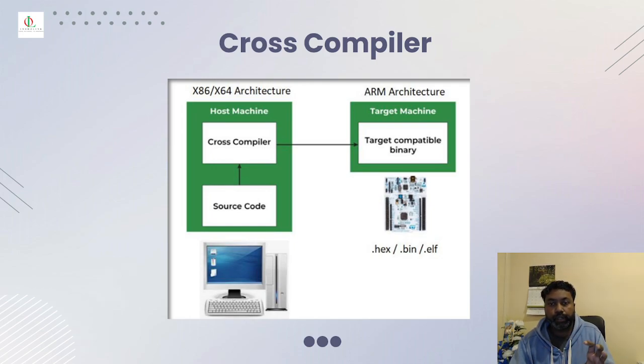So that's what it's called a cross compilation. So you're doing a compilation in one environment and moving to the target environment. So that is where the cross compilation process hits. And when you download to the target architecture, it always goes in .hex format or .bin or .elf. But mainly it's .hex. So this is the cross compiler.